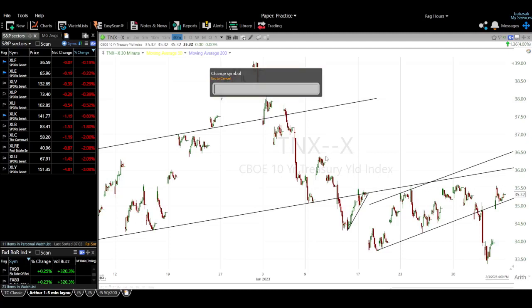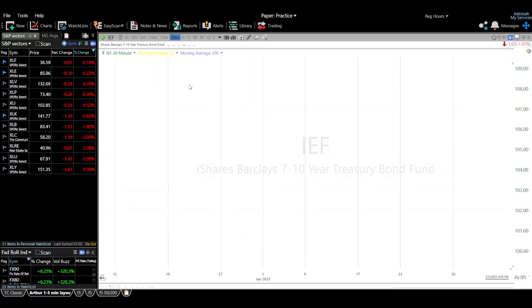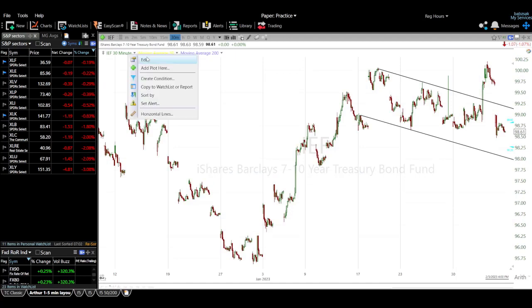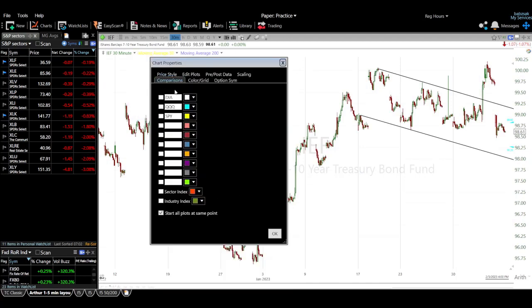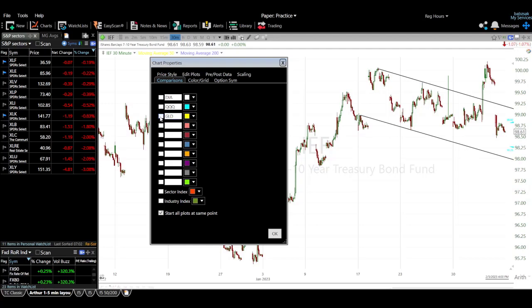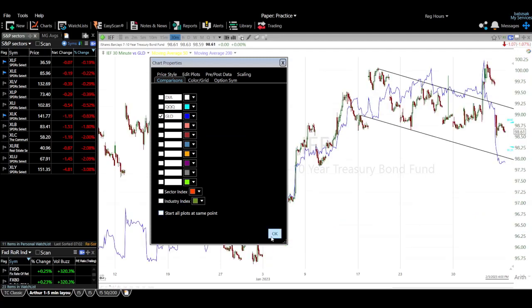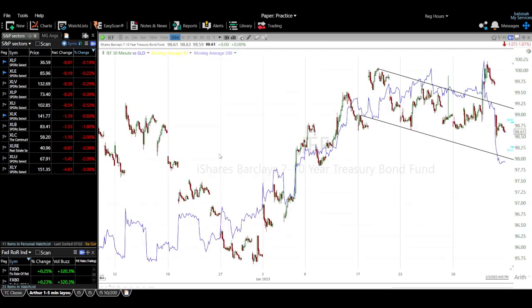Matter of fact, if we pulled up, I haven't even done this before, but let me just see what happens. Let me use IEF, I guess, 7 to 10 year. And we'll put gold on this chart with GLD. I don't know what's going to happen here. I may be wrong, but I suspect they follow each other.